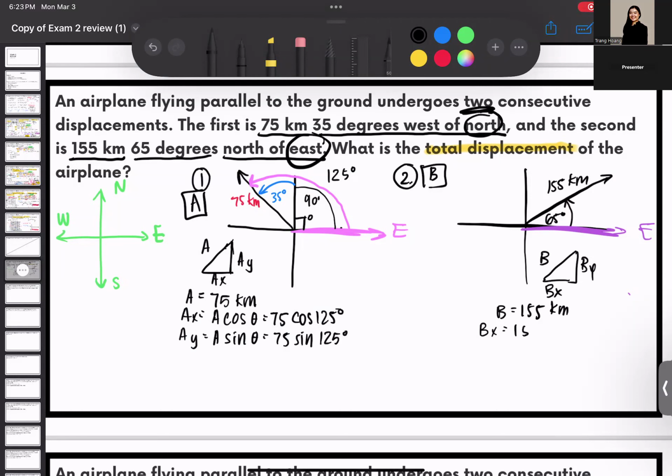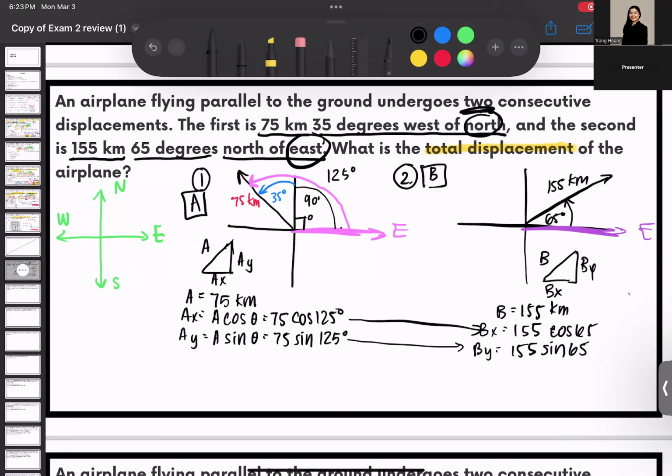We just do 155, use this, use that. 155 cosine 65. 155 sine 65. I hope you can see what's happening at this moment.